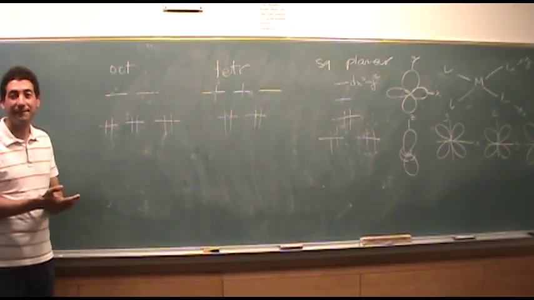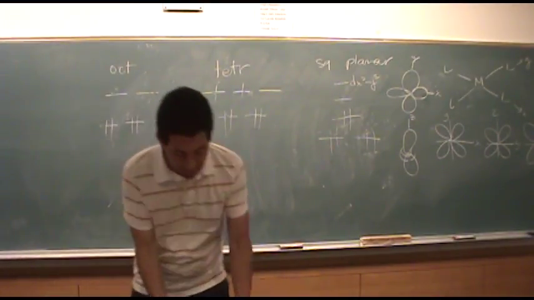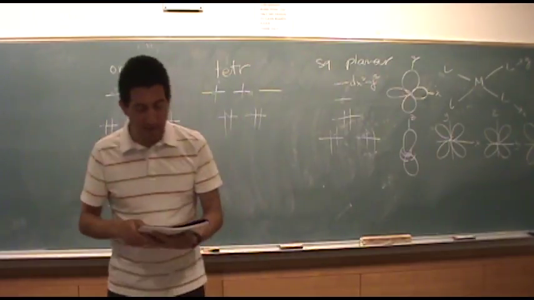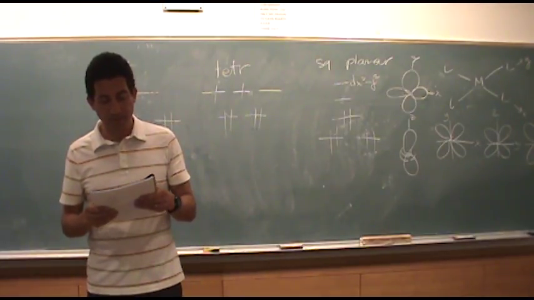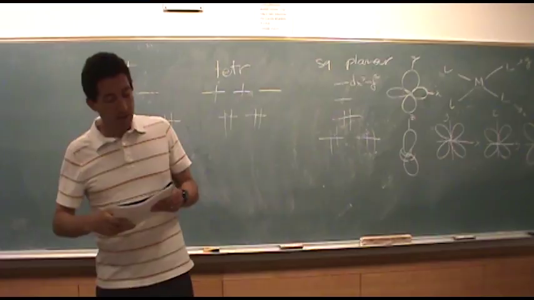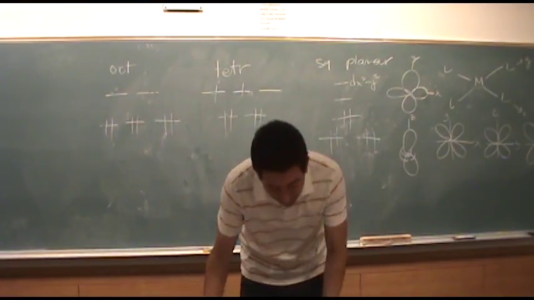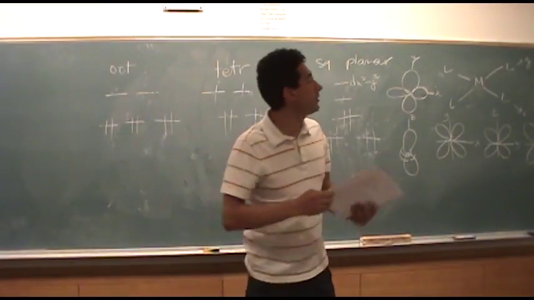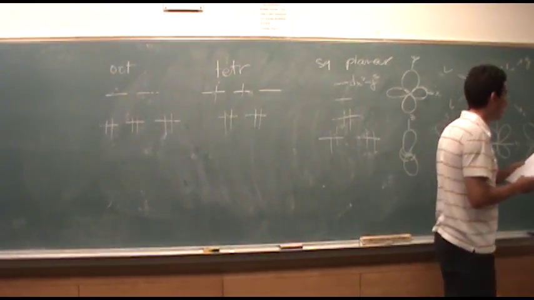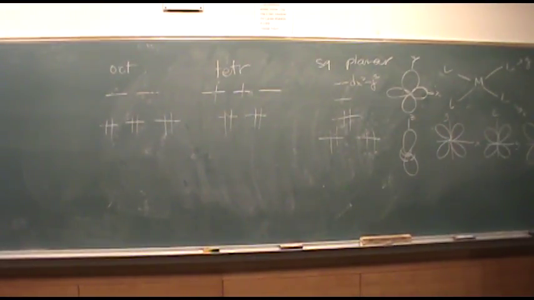Can we go over number 11 on the same exam? Same exam, spring 2003. Curium, I think, 247.